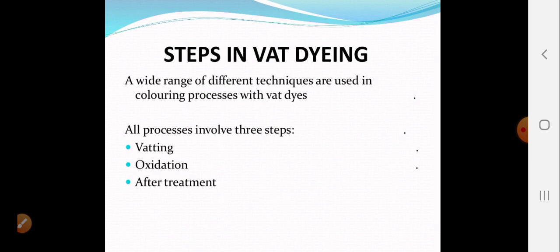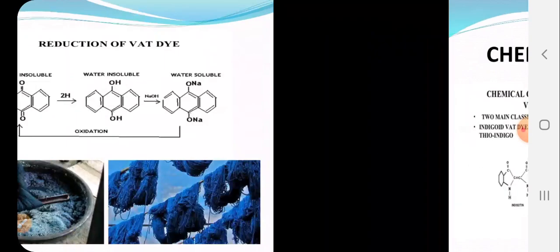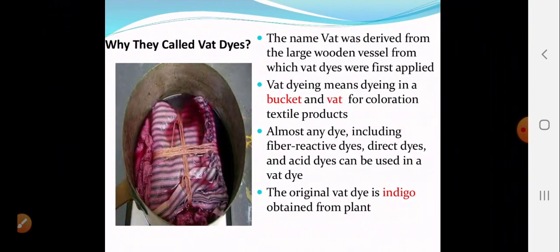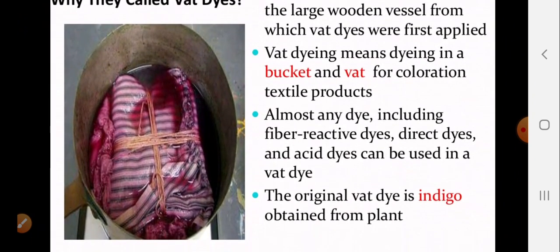So this type of dye can be run in simple vessels and can be synthesized in wooden vats, as we saw, the wooden vat being used, because of which the name vat dye has become common.